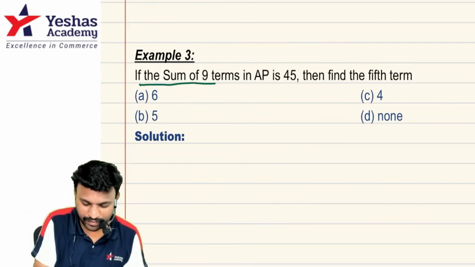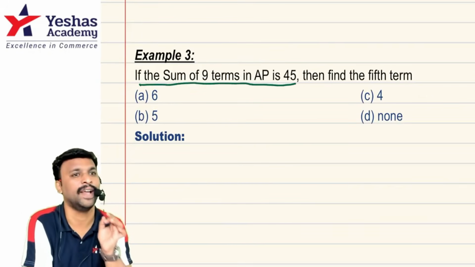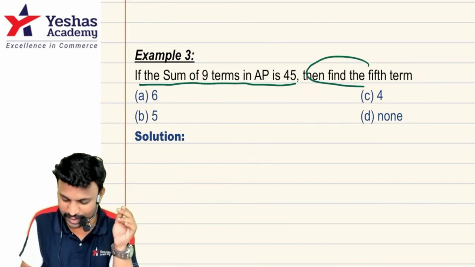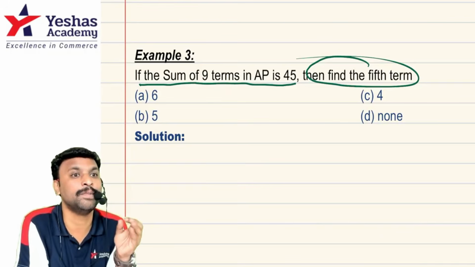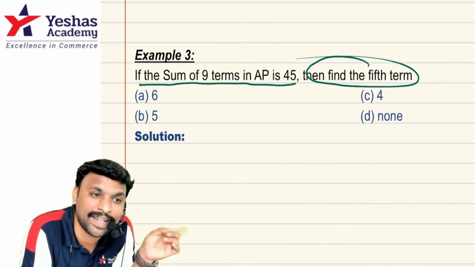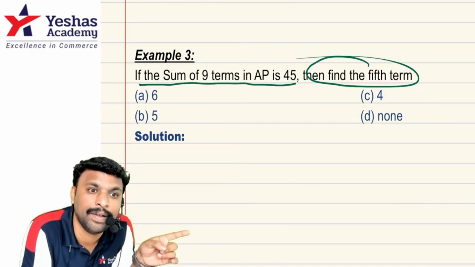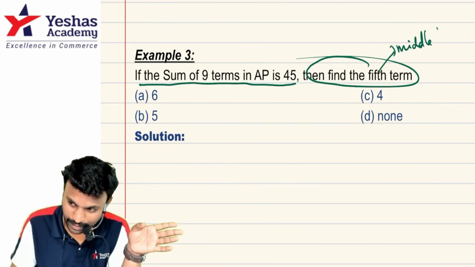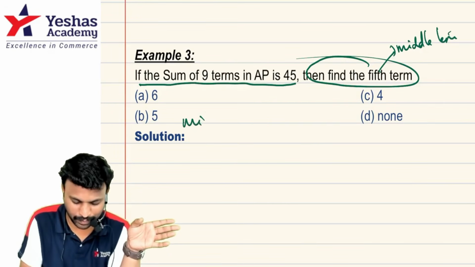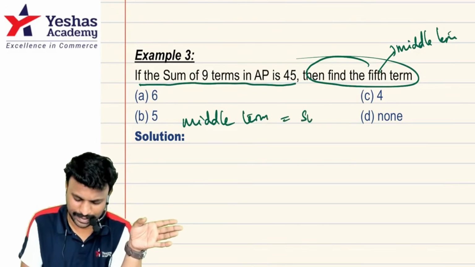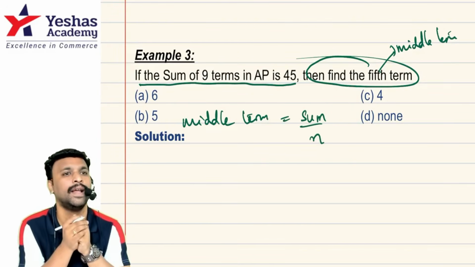Guys, the sum of 9 terms is equal to 45. They have given the sum or middle term. They're asking us to find the fifth term. Out of 9 terms, what is the middle term? Fifth term. So they have given the sum here, and they're asking us to find the middle term. Yes or no? Fifth term is middle. So middle term is equal to what in terms of sum? Sum by n.